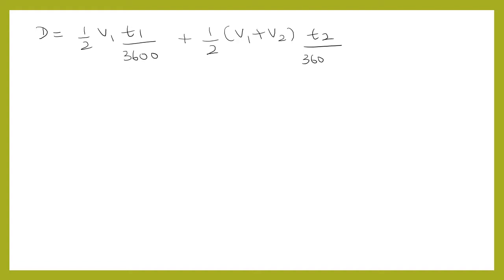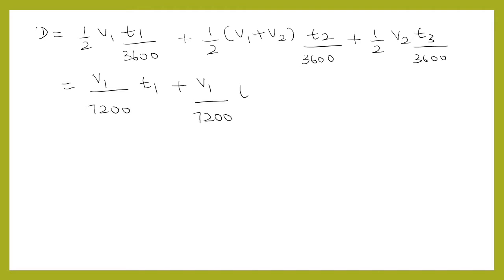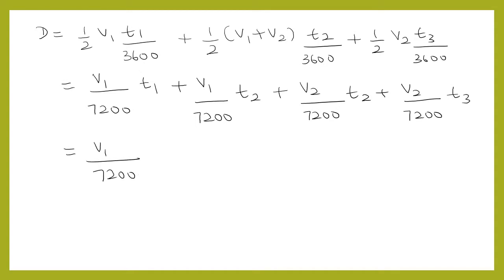That is, D is equal to half V1 T1 by 3600 plus half V1 plus V2 T2 by 3600 plus half V2 T3 by 3600, that is equal to V1 by 7200 into T1 plus V1 by 7200 T2 plus V2 by 7200 T2 plus V2 by 7200 T3, that is equal to V1 by 7200 into T1 plus T2 plus V2 by 7200 into T2 plus T3.